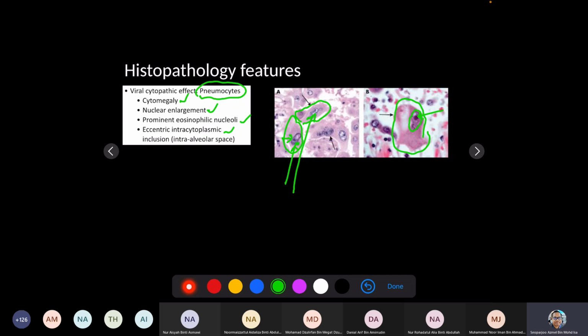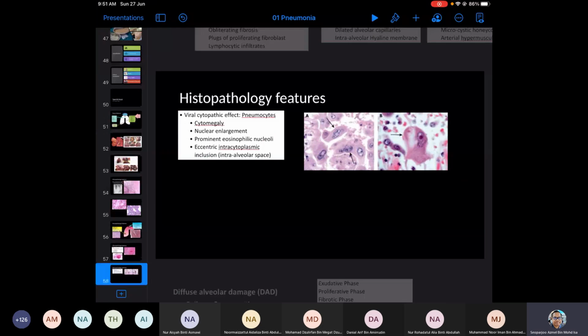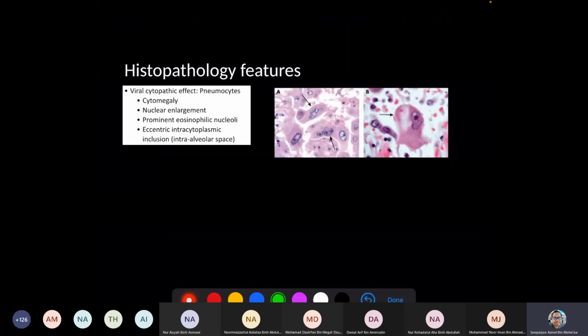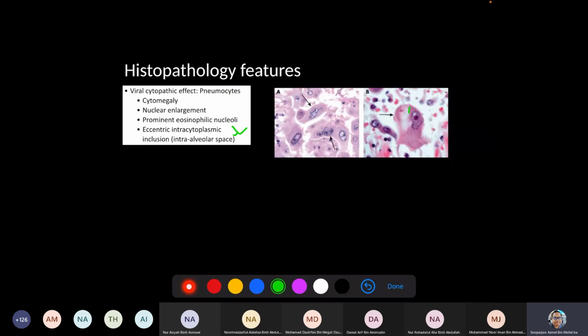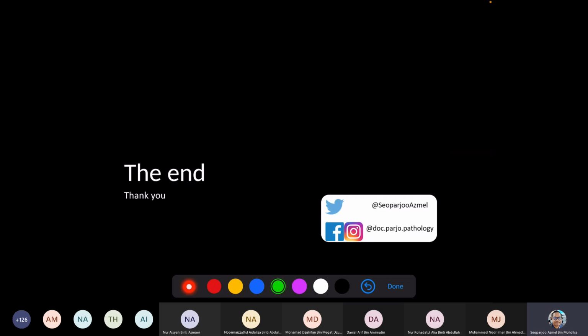Eosinophilic means a bit reddish or orangish color of the material. And also eccentric intracytoplasmic inclusion, which is here. Eccentric means at one side, so it is at one side.